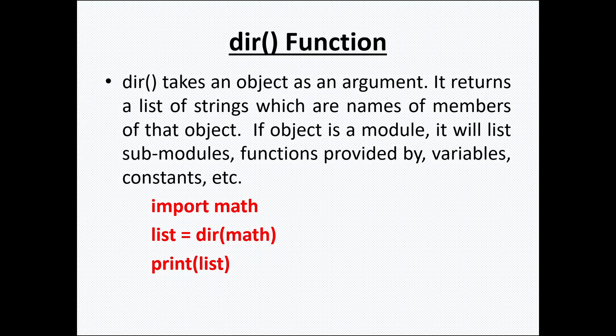First import that particular module, import math, and then call the function dir. We pass the argument math in the dir function. The result will be stored in a list variable, and then we print the result list. It gives the list of all the functions, modules and variables present in the math module. The module that is passed in the dir function must be imported first. That is important.